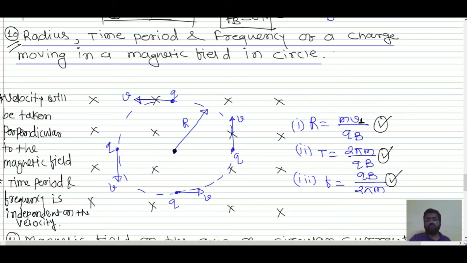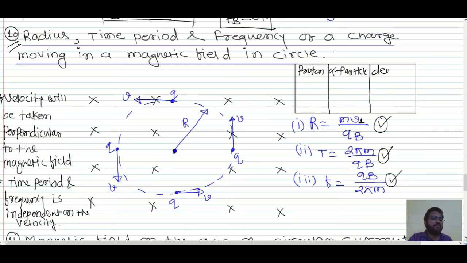Now in this, most of the students will have doubt, and that is what is the charge on alpha particle, what is the charge on proton, what is the charge on deuterium, right? So I'll just compare it with proton, then we have alpha particle suppose and deuterium suppose.